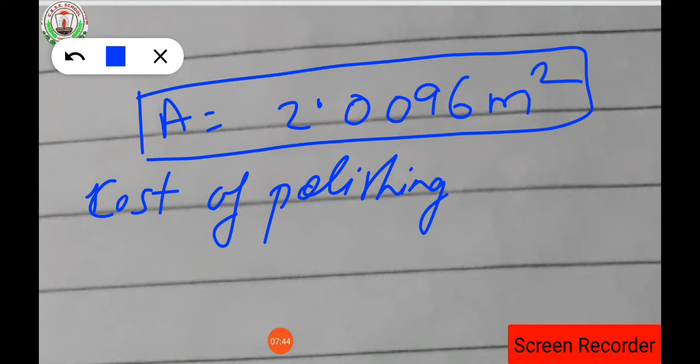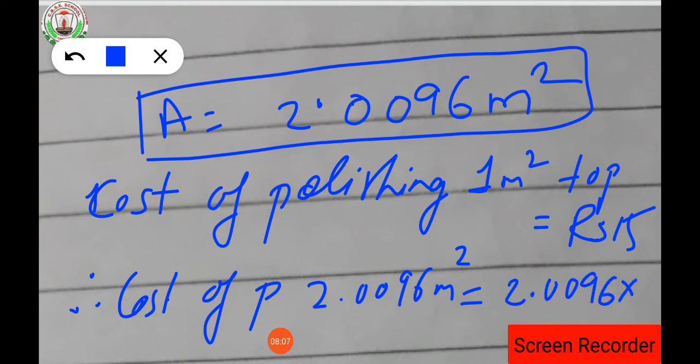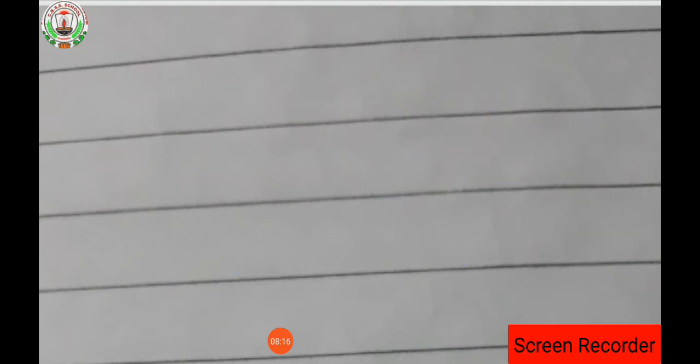The cost of polishing 1 meter square of tabletop is 15 rupees. And therefore the cost of polishing how much area? 2.0096 meter square, it required how much? That will be multiplied with 15, isn't it? To get the answer as 30.144. So this is the complete solution of question number 8.